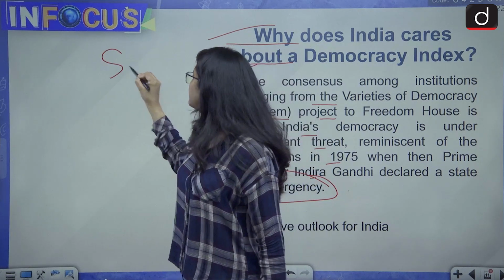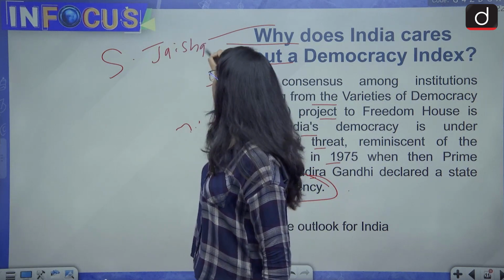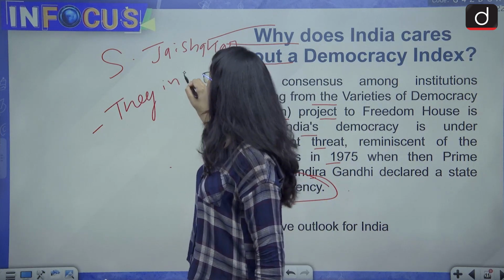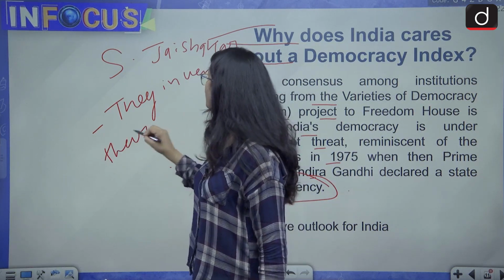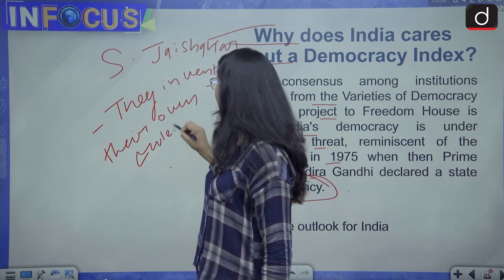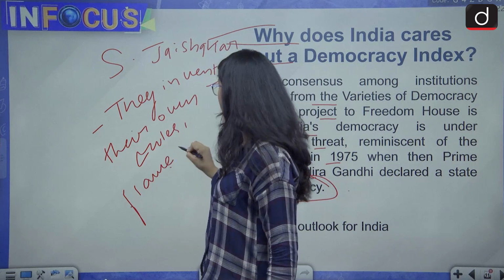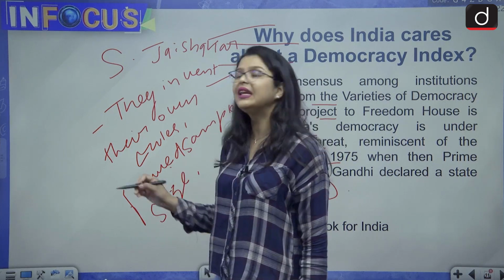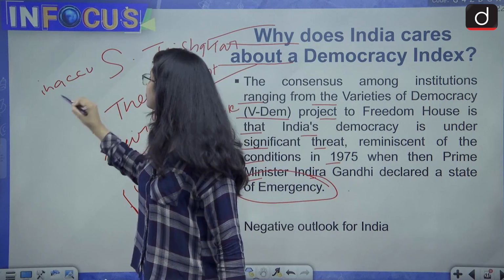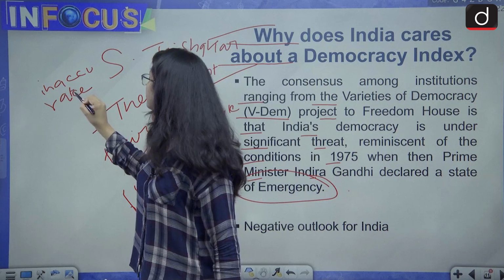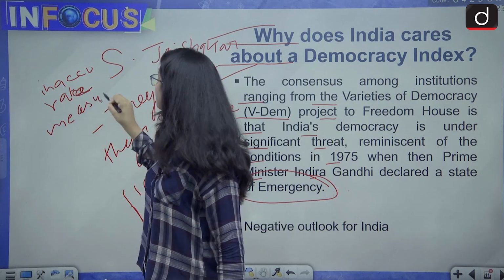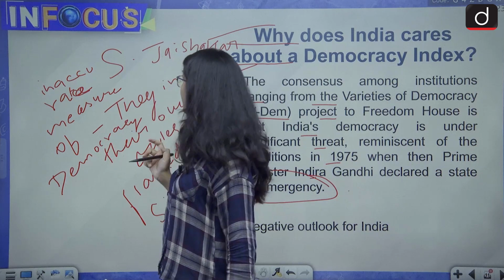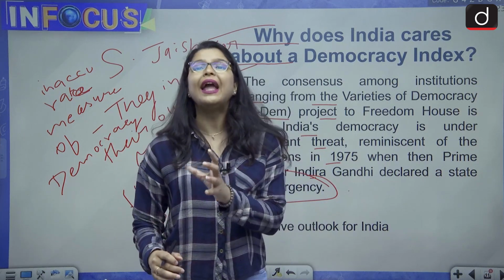If you consider the statements made by our Foreign Minister S. Jaishankar, basically he says that these indices invent their own rules, they have a flawed sample size, they have an inaccurate measure of democracy, and they also do not have any common standard.